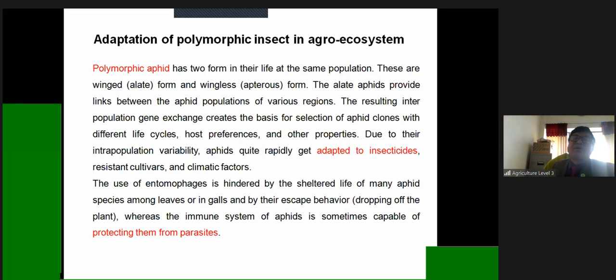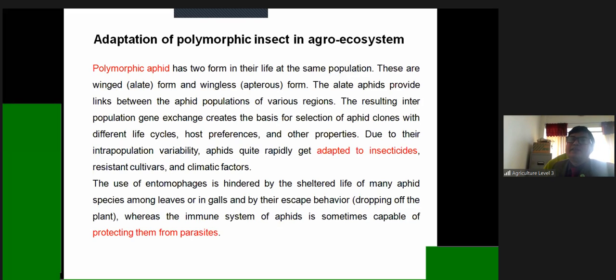The elatiform aphids provide links between the aphid populations of various regions. কিভাবে? How do they provide the links? Say for example, some of the winged aphids move from Mymensingh to Jamalpur. And in a similar way, some individuals from different regions, if they come to Jamalpur, then they exchange their genetic material because they copulate, they mate with each other, and they exchange their genetic makeup.